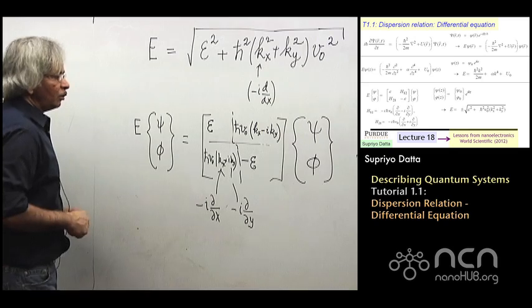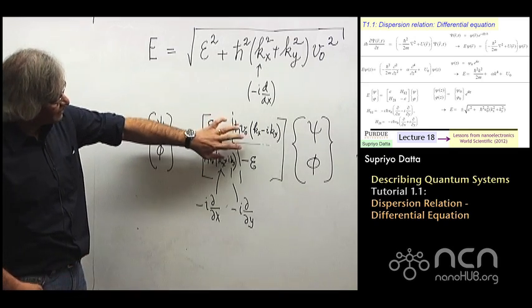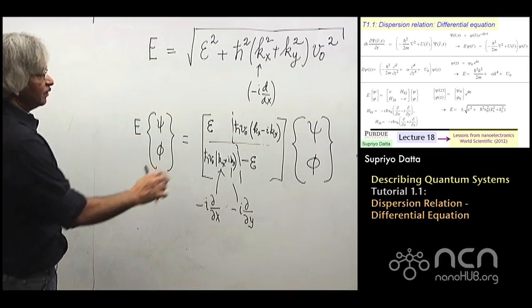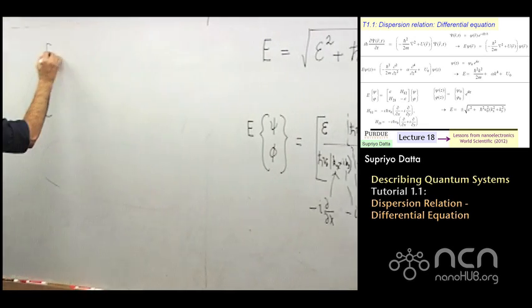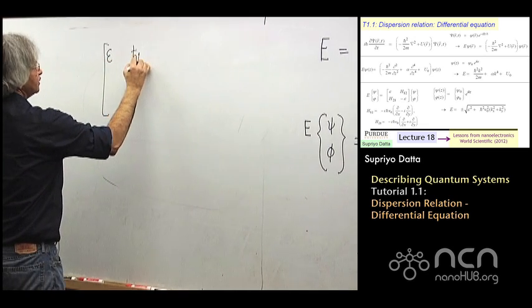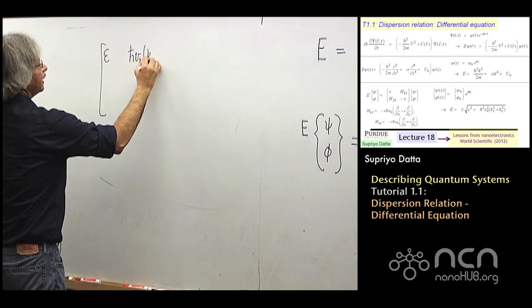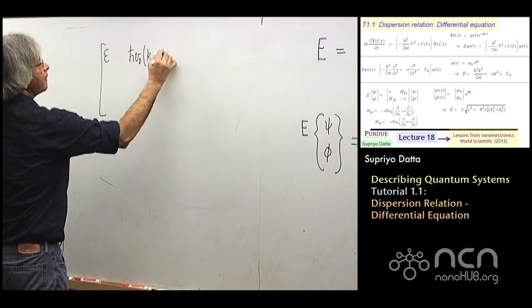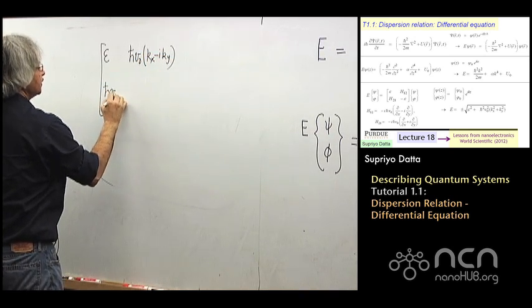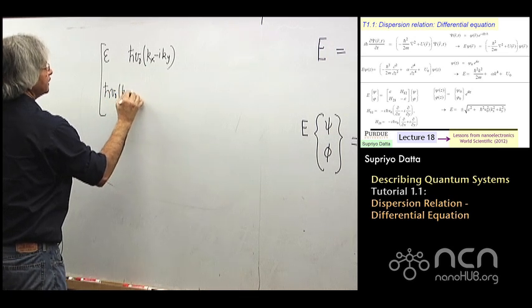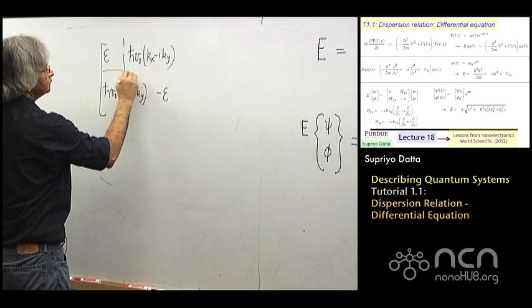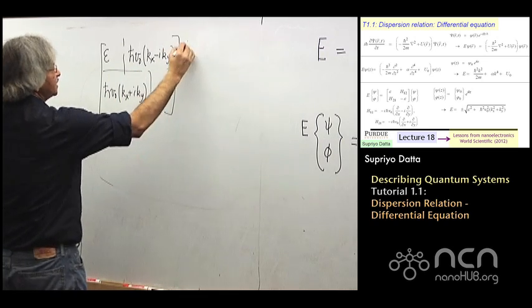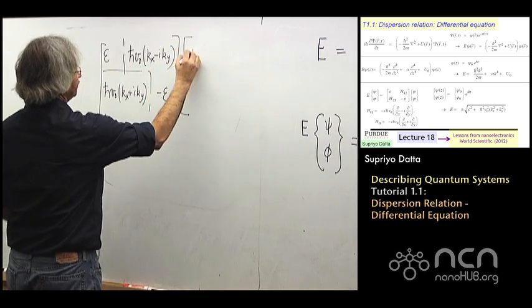Okay? Now, the thing is that this quantity has the property that if you square it, what I mean by that is, supposing I take this matrix, epsilon, h bar v0 (kx minus i ky), h bar v0 (kx plus i ky), and minus epsilon, and just multiply it by itself.